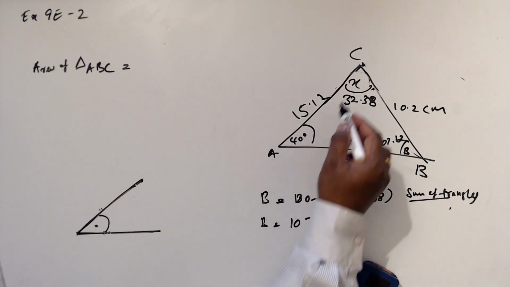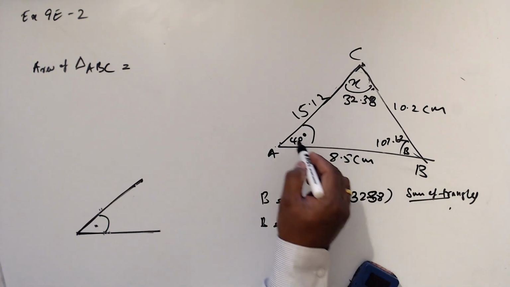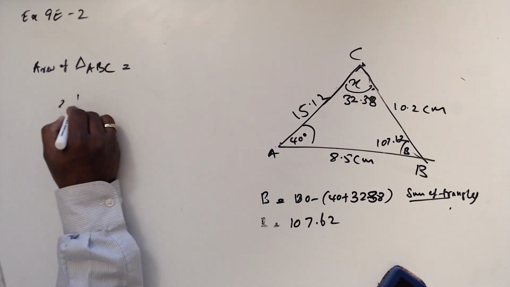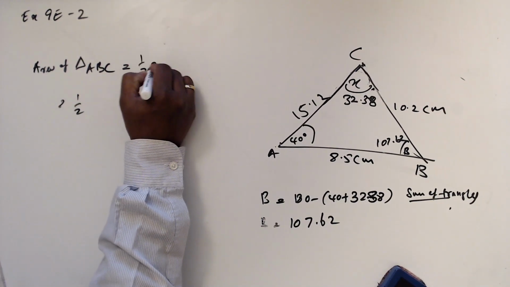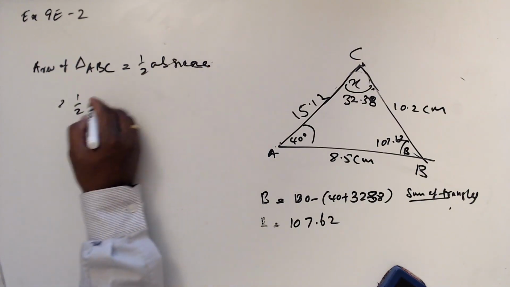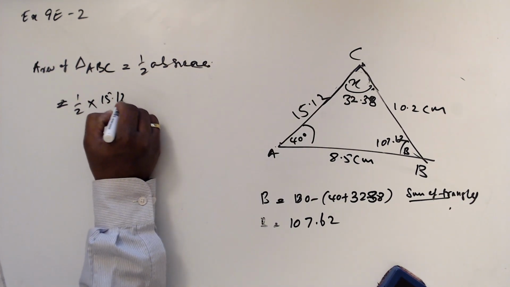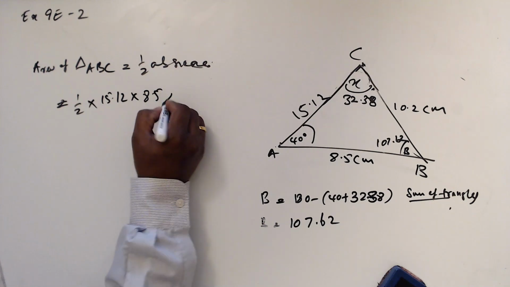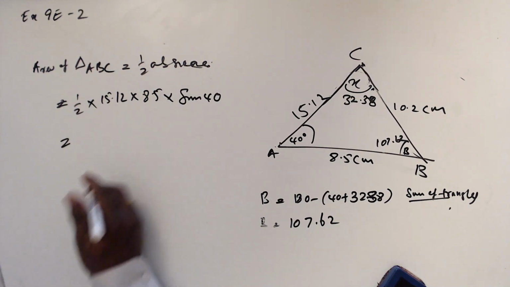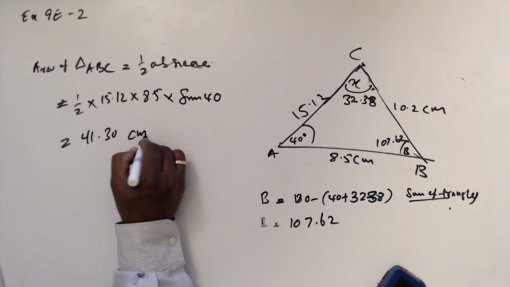When I look at this one, I know AC and I know AB and the angle inside. Then I simply write half AB sine C. This is the rule. Half times 15.12 times 8.5 sine 40, which is 41.30 square centimeters.